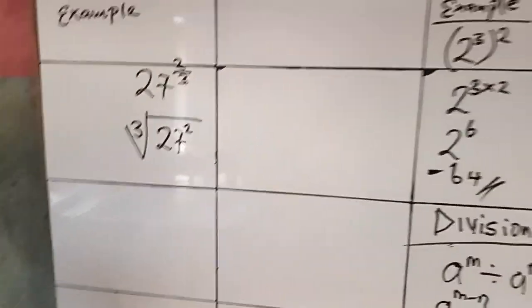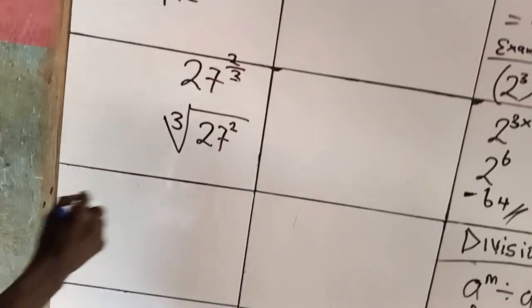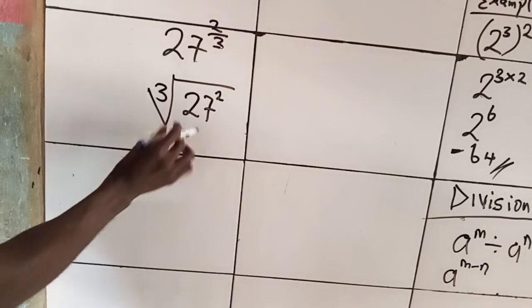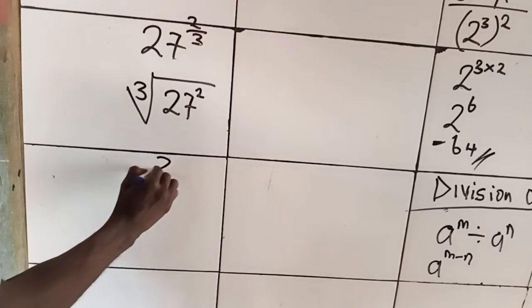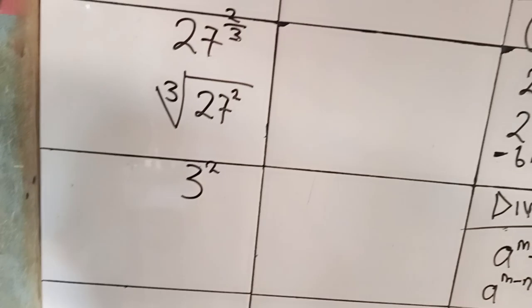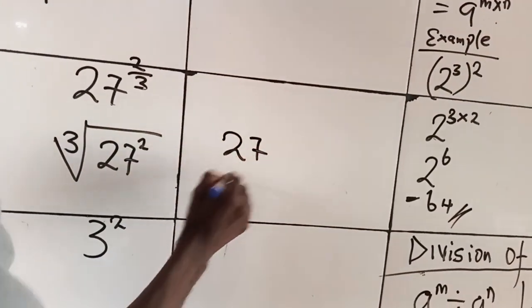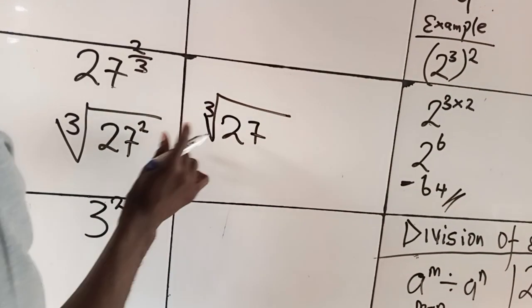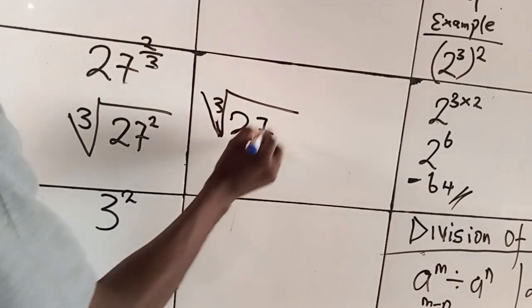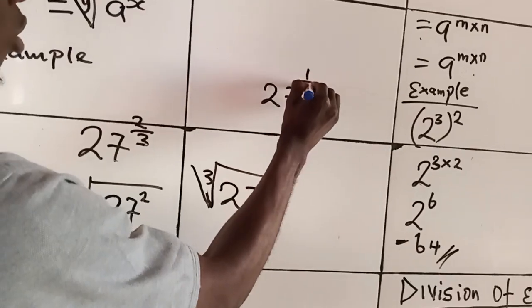Okay. So for us to solve this particular one, if you take the cube root, it's going to be 3, then you put your square here. Let me prove this. What it means is that this is 27 raised to the power of 1 all over 3.